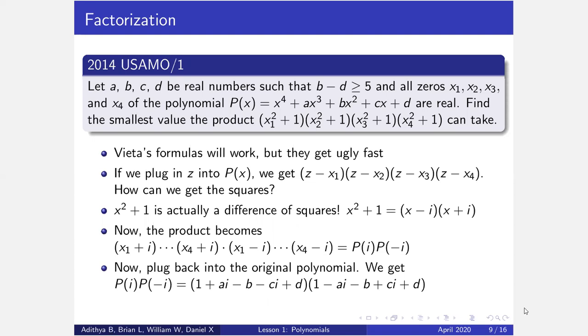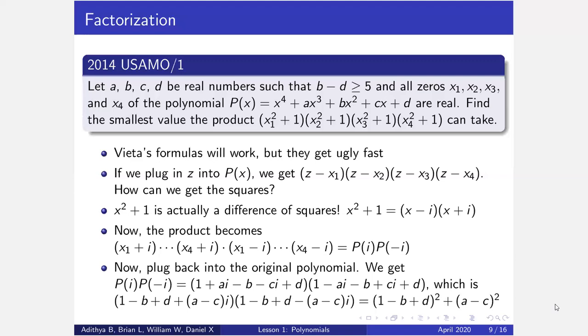And then you have a minus c and c minus a as the two imaginary coefficients, right? So you use the fact that this is a difference of squares, and that equals 1 minus b plus d squared plus a minus c squared, right?